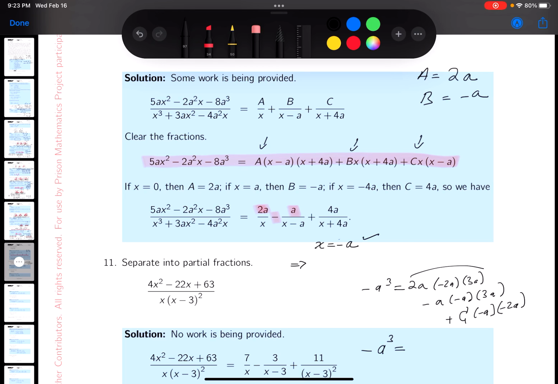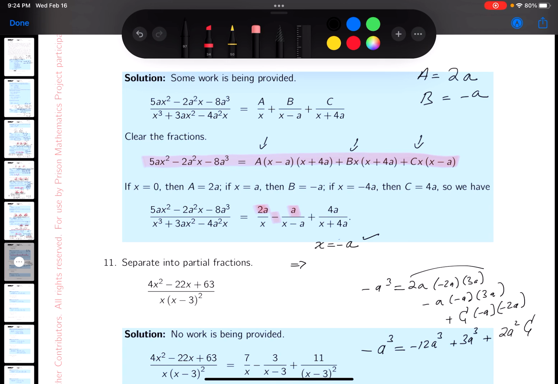Minus 4 minus 12 a cubed. What do you get in the second term? Plus 3a cubed. What do you get in the last term? Plus 2a squared C.